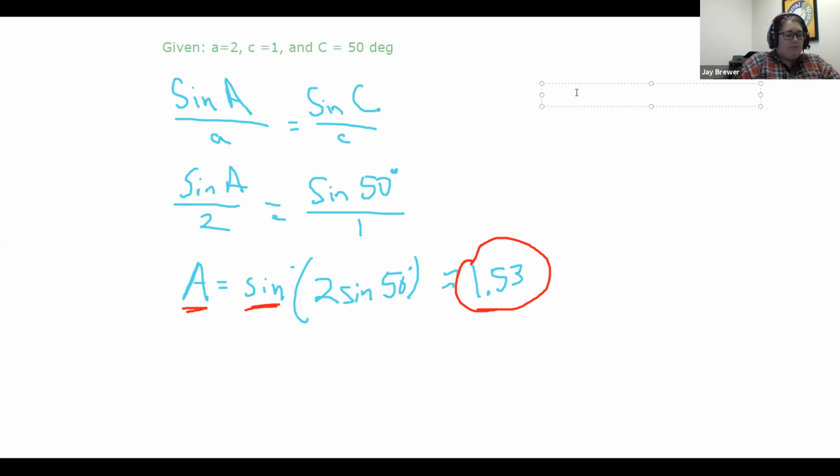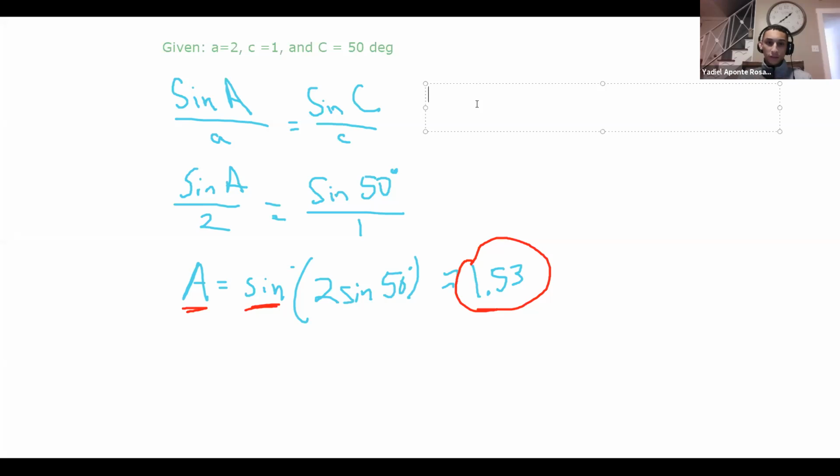What can you take away from that statement? Doesn't it fall out of the range? Right.